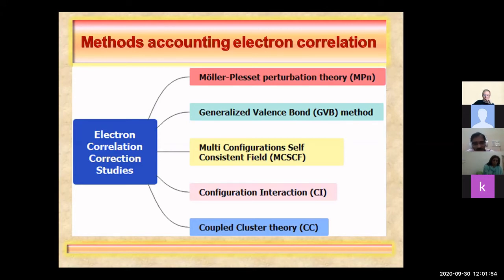So the idea is that Hartree-Fock gives us an overestimation of the electronic energies. When we introduce electron correlation methods, we get good results. But the calculation cost and computation time increase exponentially. This is the drawback.